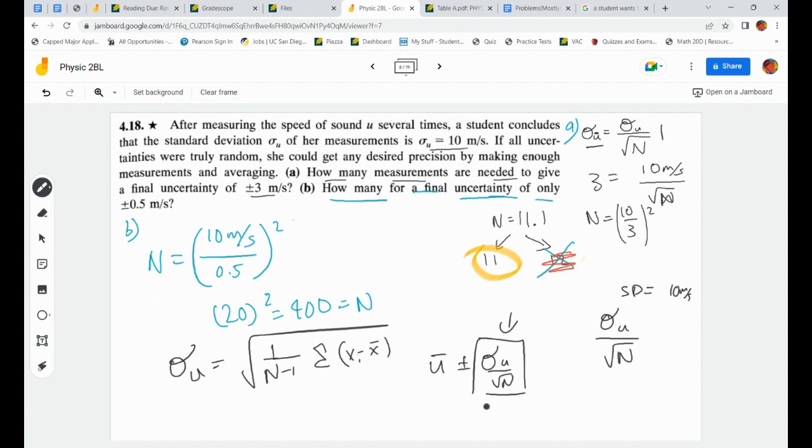And that's what we have over here because truly random average. Over here's average there, right? Many to give a final uncertainty of 0.3.